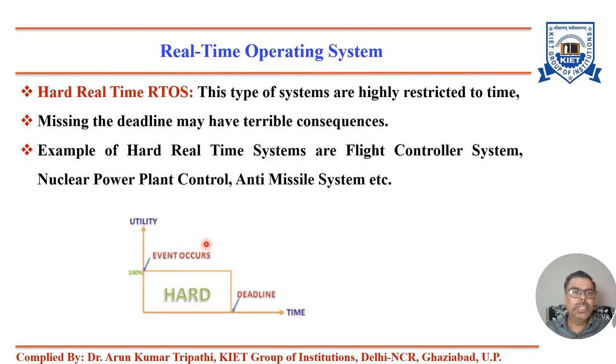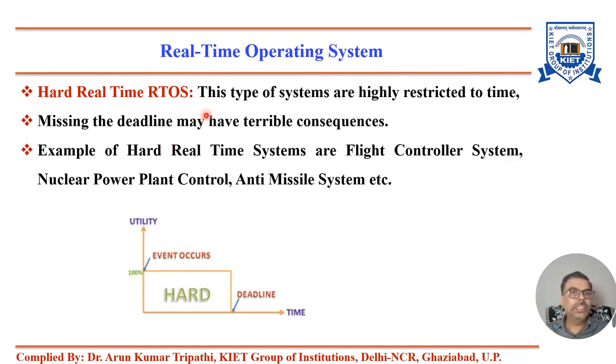In case of a hard real-time operating system, time is very much crucial. For example, missile launching system, aircraft launching system, or nuclear reactor system, where the time limit in nanoseconds matters.